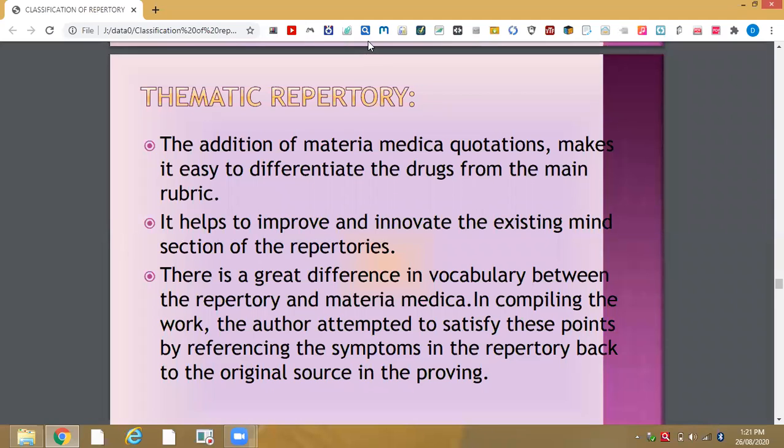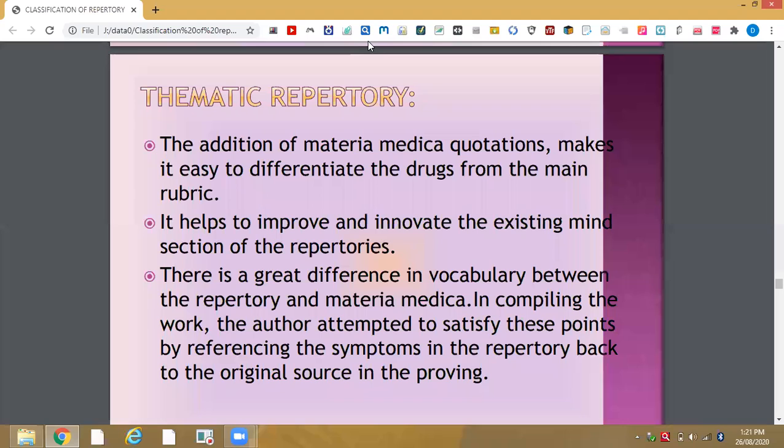Okay, there is a great difference in vocabulary between the repertory and materia medica. In compiling the work, the author attempted to satisfy these points by referencing the symptoms in the repertory back to the original source in the proving.